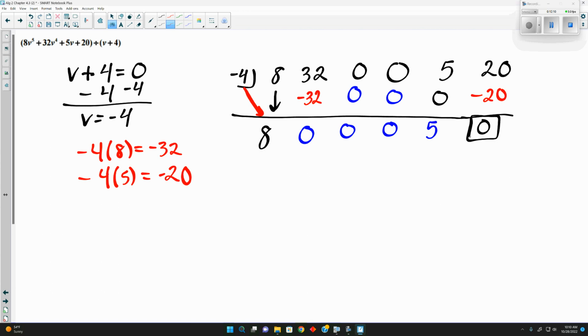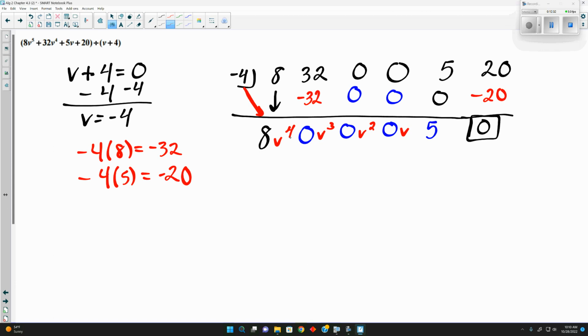So 5 would be our constant term. The next one would be v. Then we'd have v squared, v cubed, and v to the fourth. Because the number immediately to the left will not have a variable, then it would be v squared, v cubed. We go up by 1.